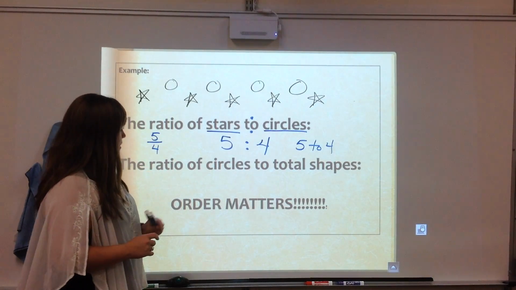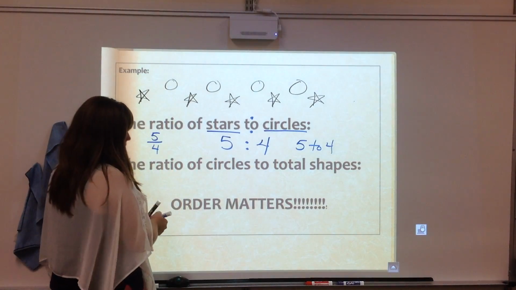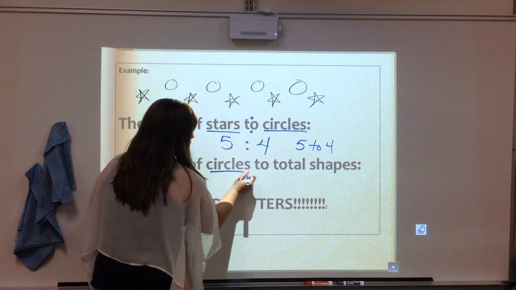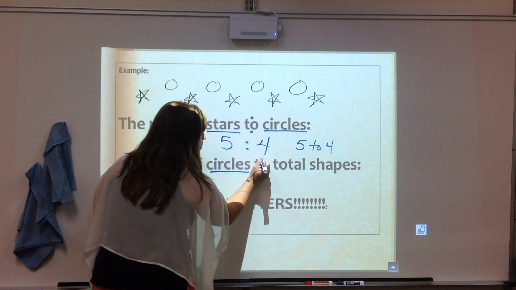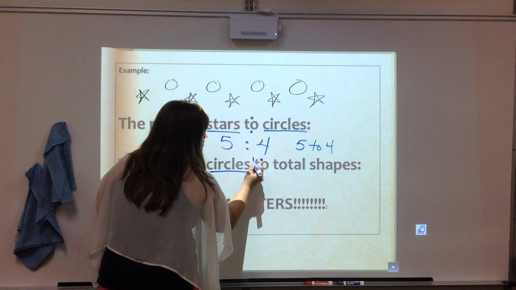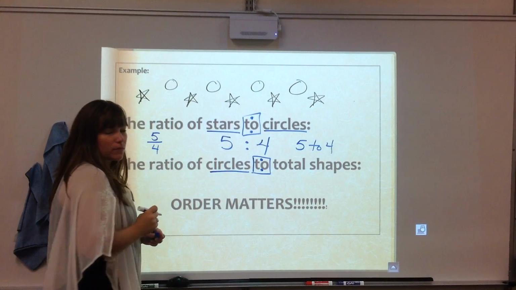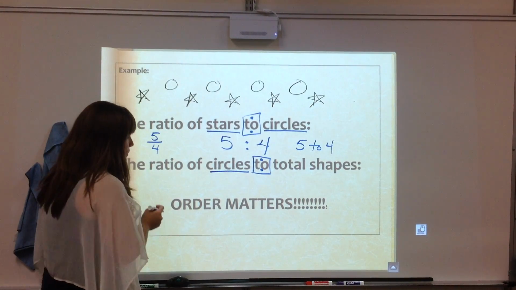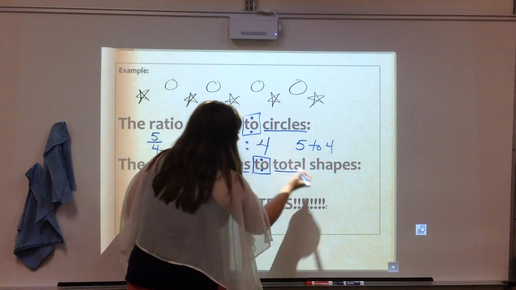Now here's our second example. You might see this as well. Find the ratio of circles, we'll underline that, to, here's our ratio keyword here, and you can box it if you're really trying to follow the CUBES strategies. Circles to total shapes.